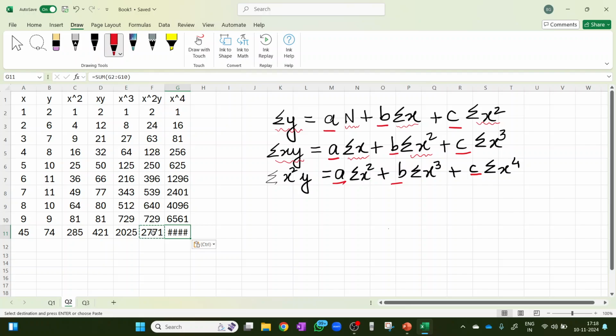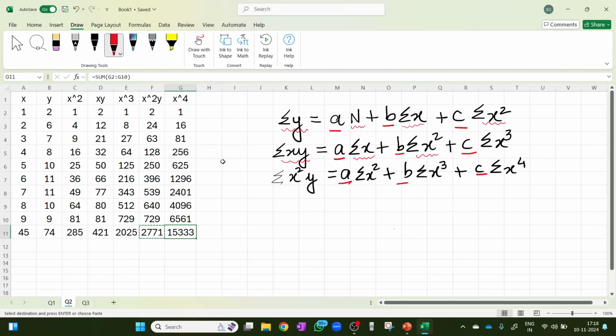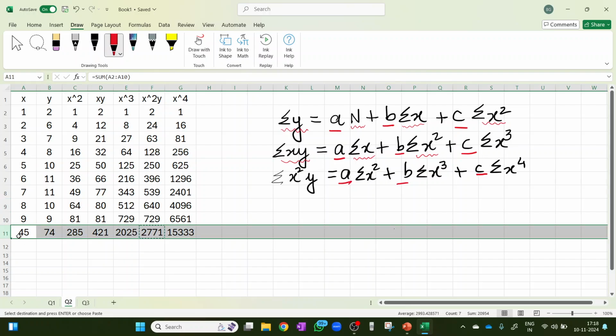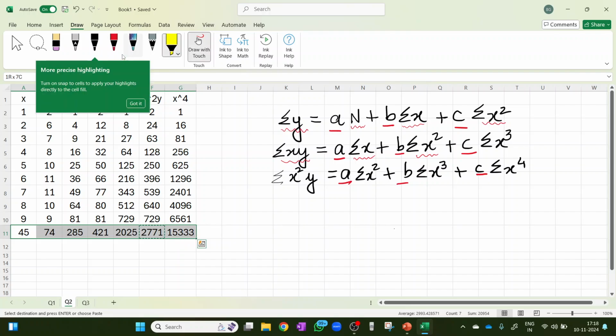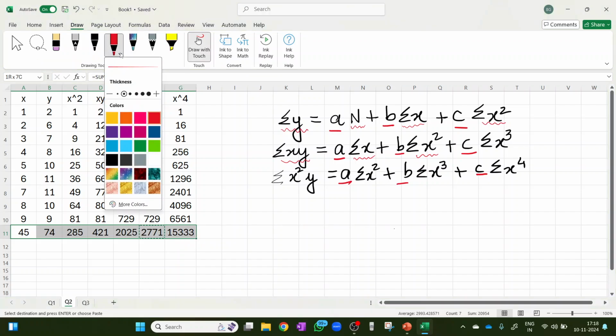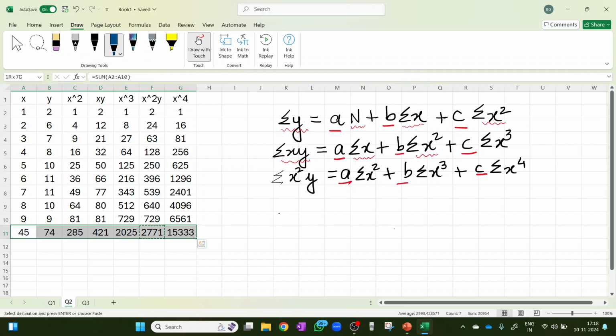It's not showing the value because the value is bigger. Okay. So we now have this table, and this part over here are the totals. These are the totals which we will be using in the equation. So let's solve the equation here itself because we have the equations here.